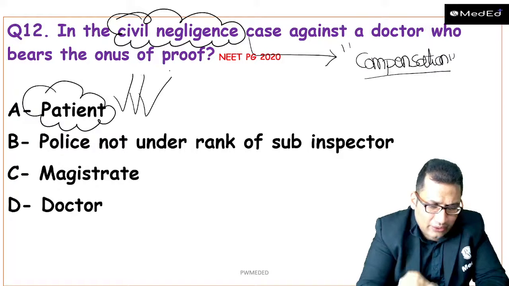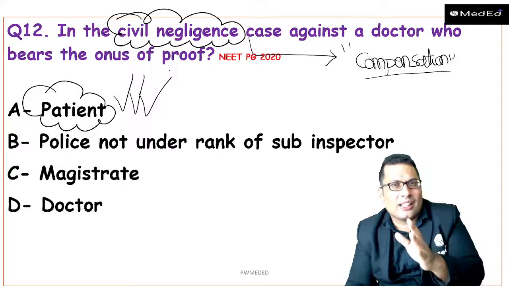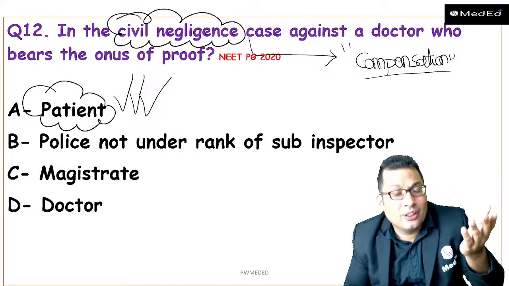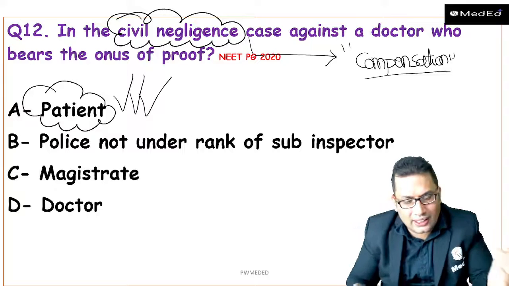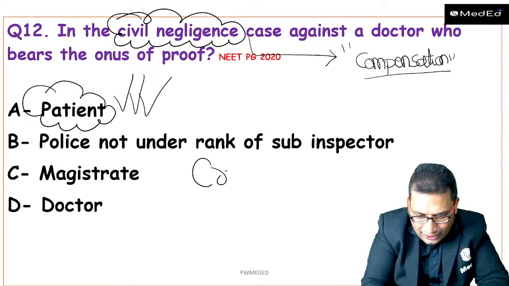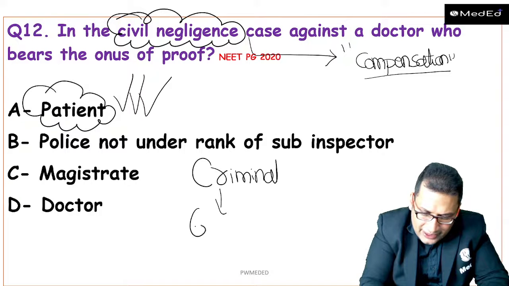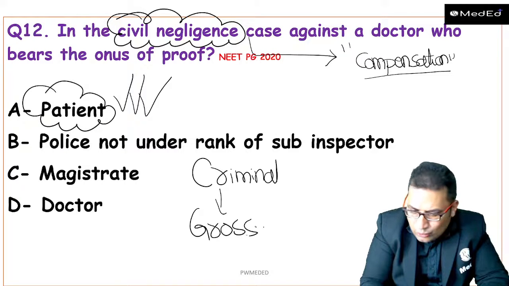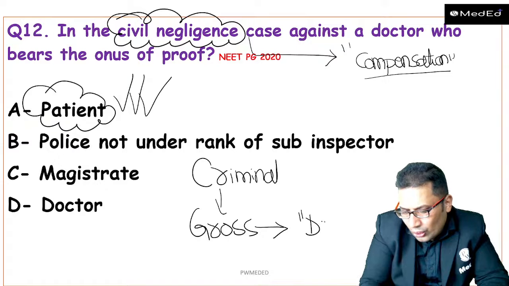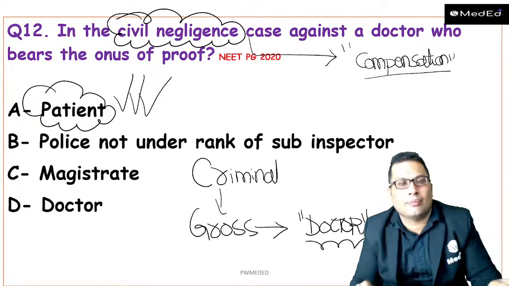Patient is the correct answer. The same question asked for criminal negligence, the gross negligence: the onus of proof is usually on the doctor. Doctor has to prove that he is innocent.